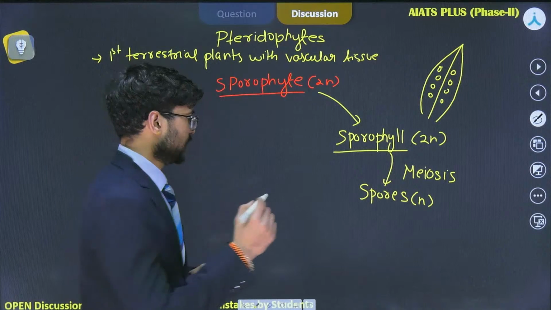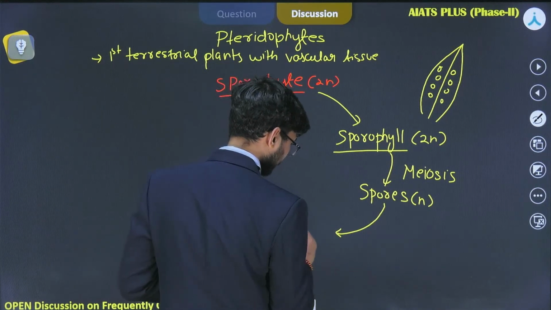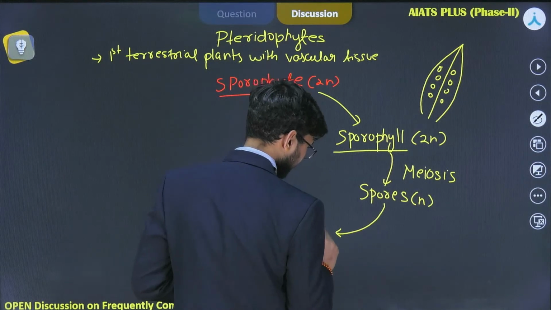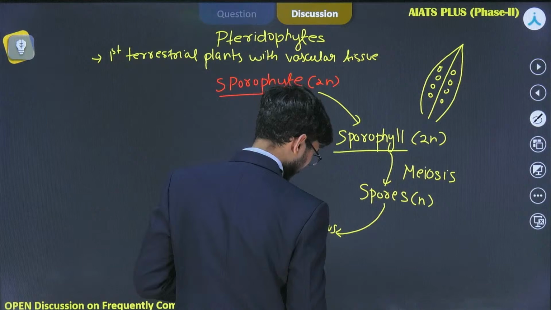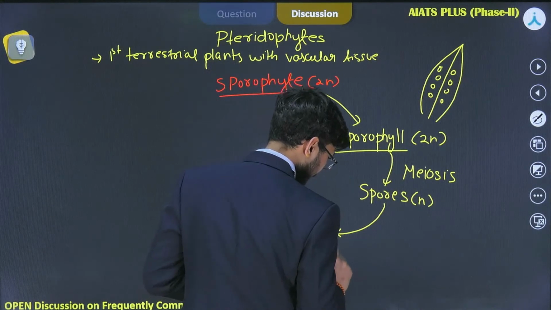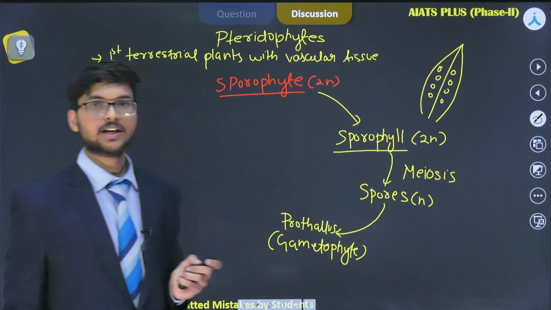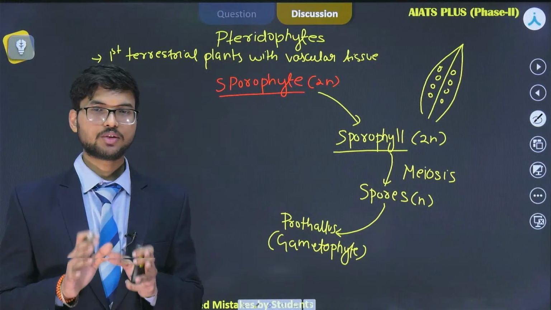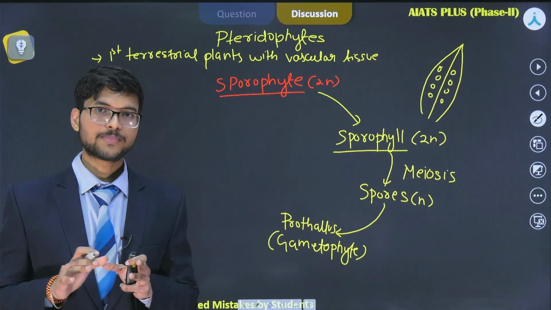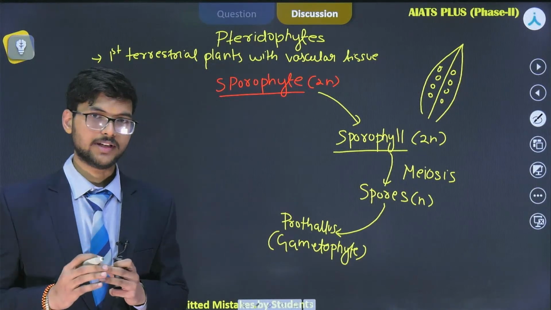Now the spores will develop into prothallus. This prothallus is also a gametophytic structure. Now prothallus is inconspicuous, small and multicellular, which is also green and photosynthetic.